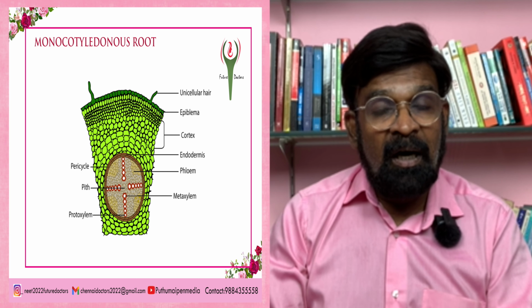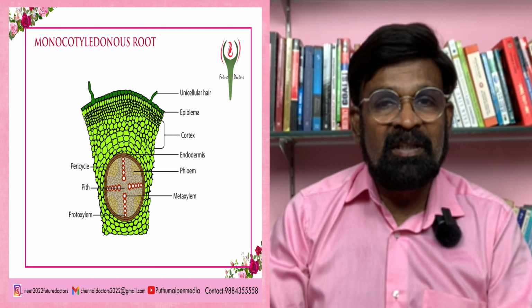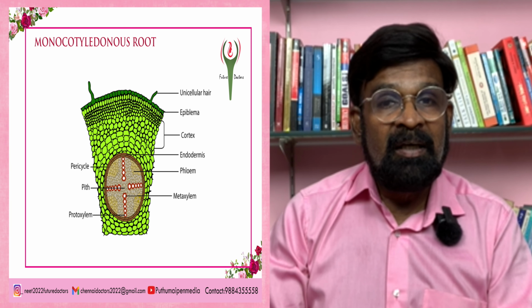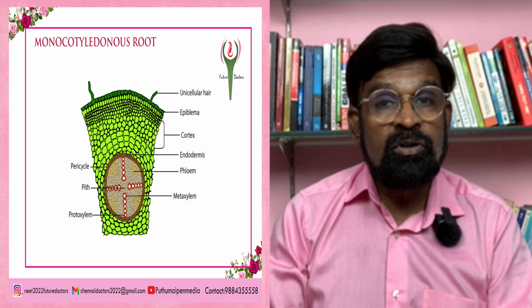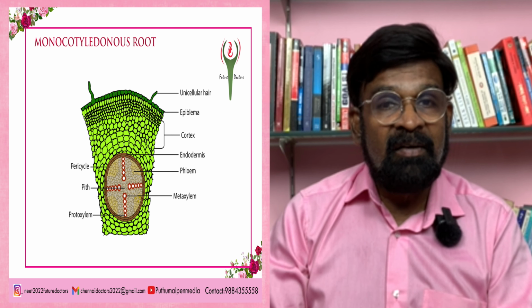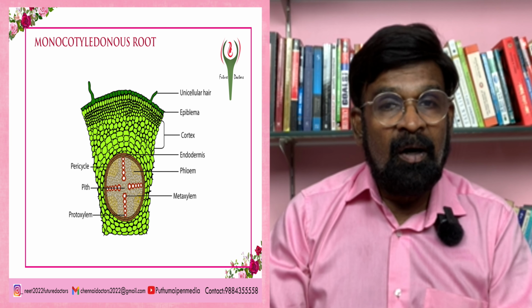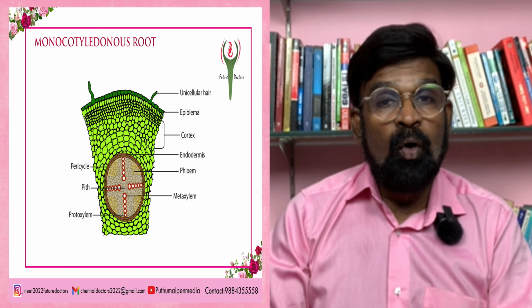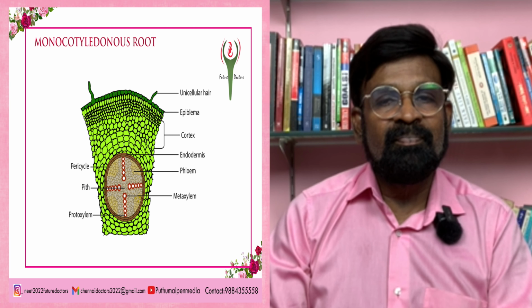Protoxylem vessels are narrow while the metaxylem vessels are broad. Phloem and xylem are separated from each other by means of a narrow strip of conjunctive tissue. They provide mechanical strength on becoming sclerified. They are involved in the formation of cambium.